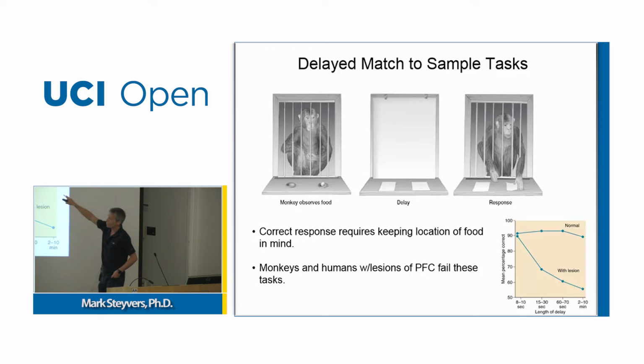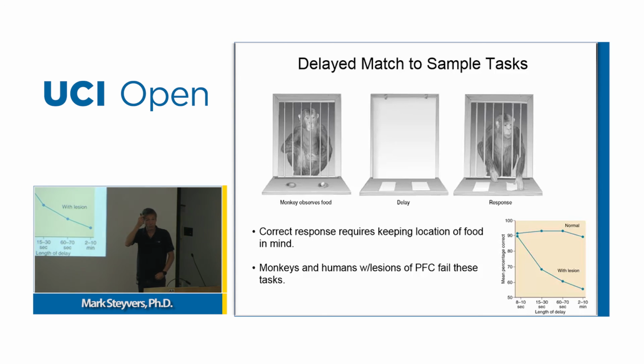This curve shows you the performance of these monkeys that are normal, that's the top curve, as a function of delay. And they do fine, they are 90% accurate for short delays on the left of the curve to very long delays, up to 10 minutes on the right side of the curve.